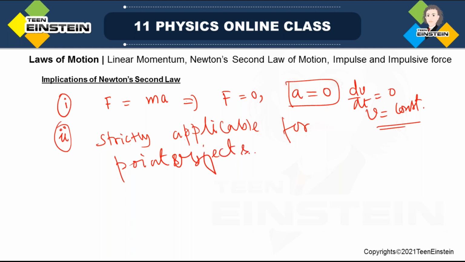But it is applied even for extended objects also. It is actually meant for point objects, but by making various approximations we use it for extended objects also. So Newton's second law is mainly applicable for point particles.